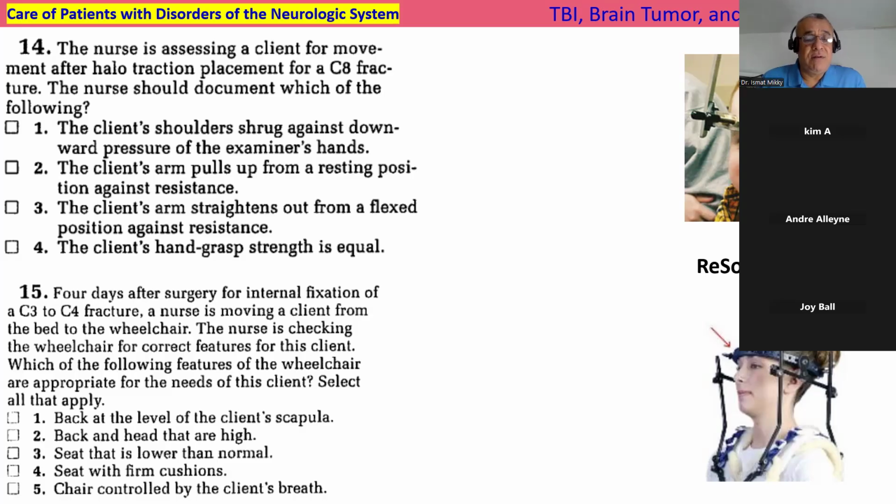Four days after surgery for internal fixation of a C3 to C4 fracture, as you move the client from the bed to the chair and check the wheelchair for correct features, which of the following features are appropriate for the needs of this patient?